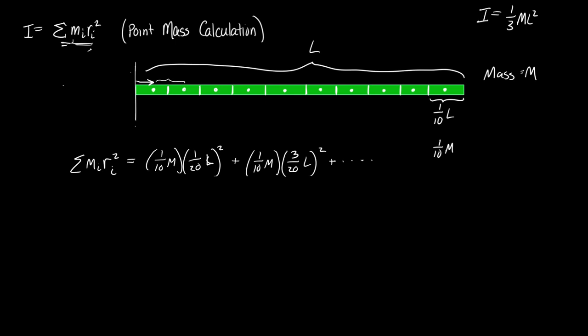Do you notice that every single term has a 1/10 M in it? And then every single term has a 1/20 L squared? If it were me, I would just factor those out.